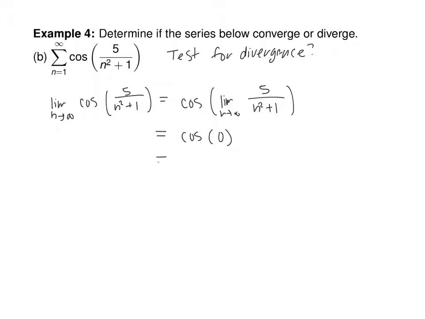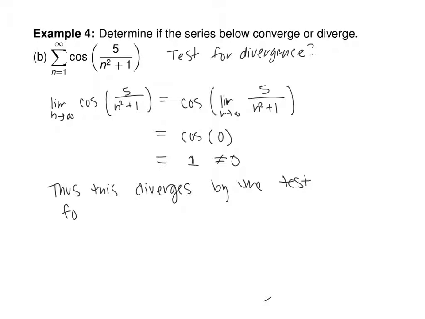And cosine of 0, well, that's 1, and that's not equal to 0. So thus, this series diverges by the test for divergence, or the nth term test.